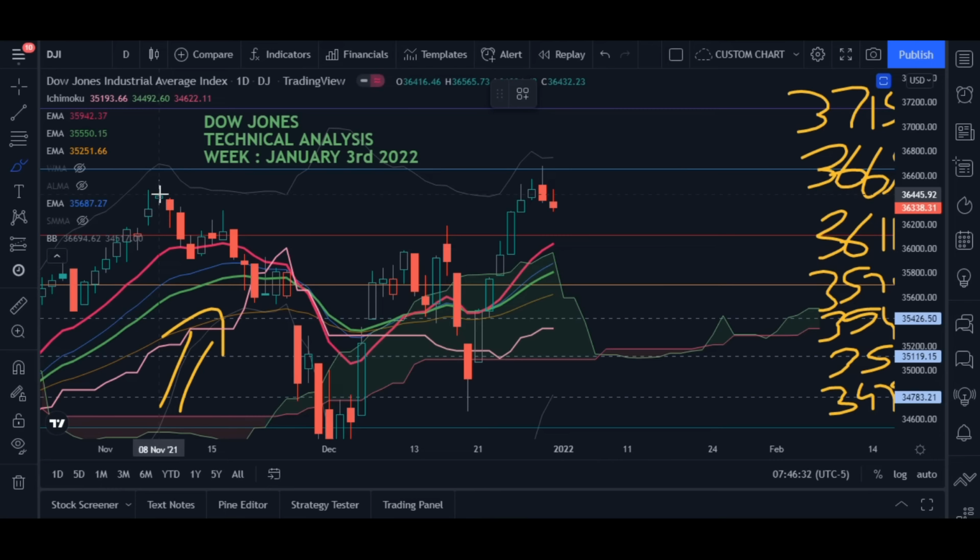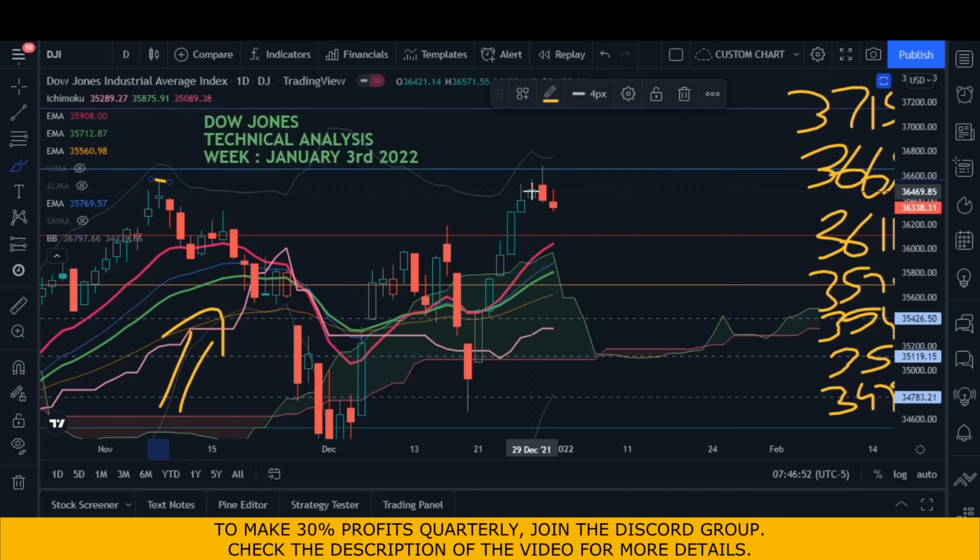Secondly, the market formed the previous all-time high of 36,565 on November 8th. Then the market breached this all-time high, on December 29th, and finally it formed this all-time high of 36,680.